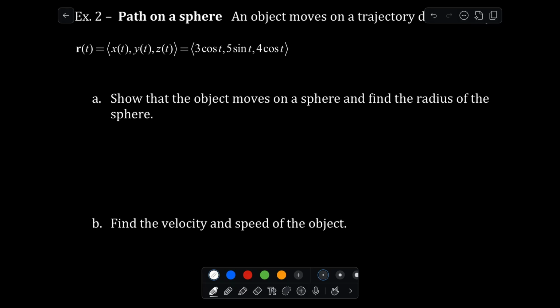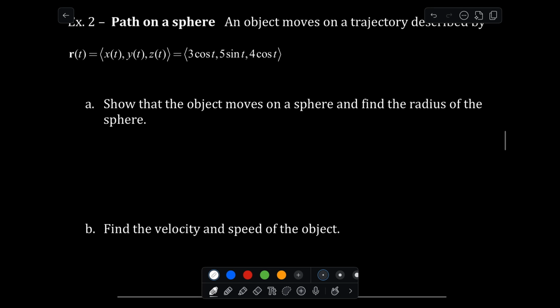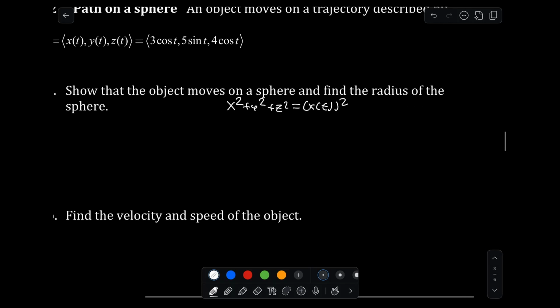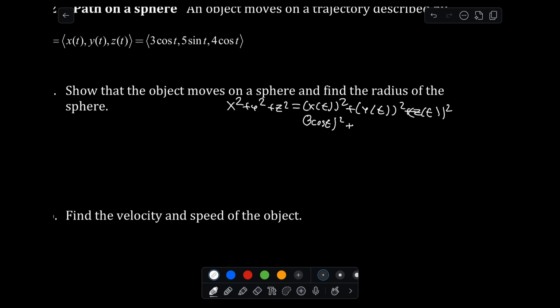Okay, so we want to make sure that this object moves on a sphere given this trajectory. So we know that's going to be x squared plus y squared plus z squared equals this. We're going to map it onto this. And then we can do 3 cosine t squared plus 5 sine t squared plus 4 cosine t squared.